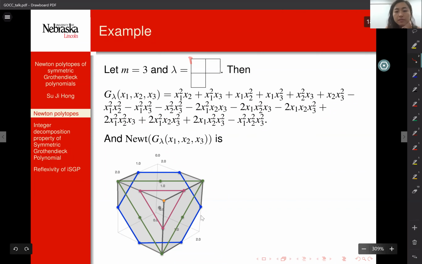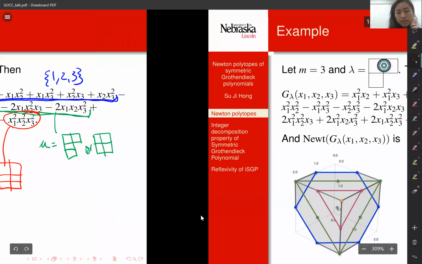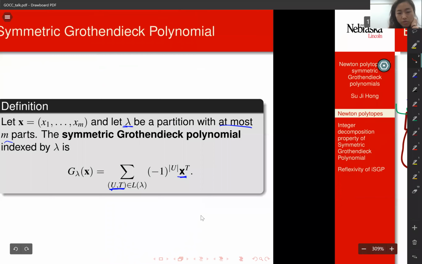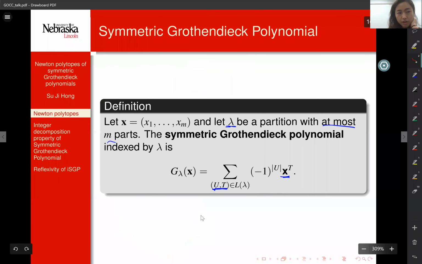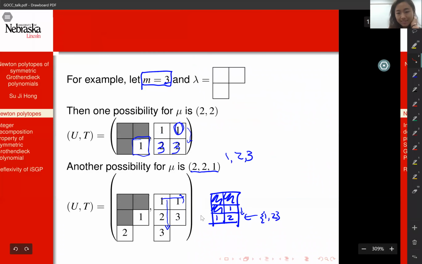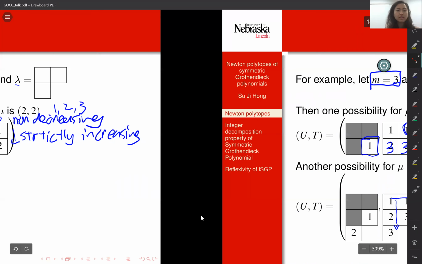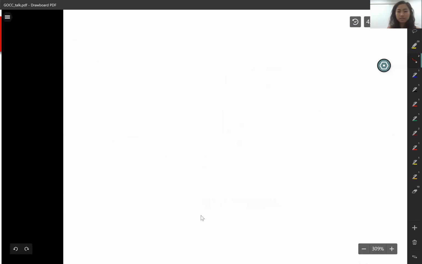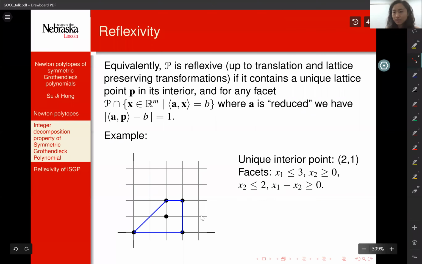So lambda gives you all possible mu. So lambda is the one that, when we go back to the definition of, sorry, I have to go back a lot.